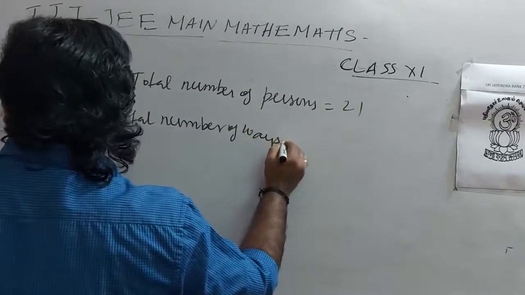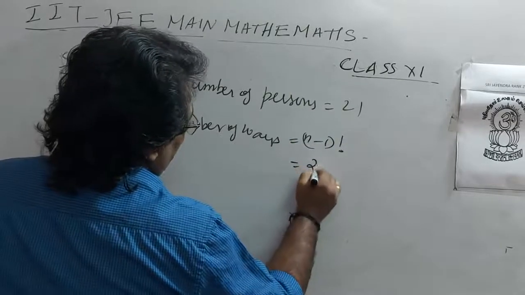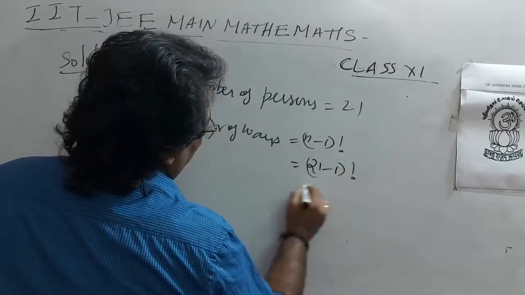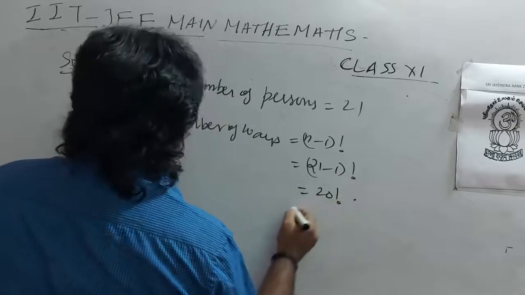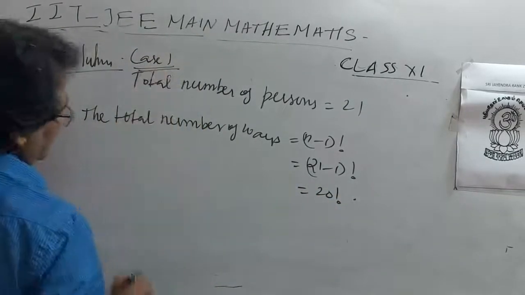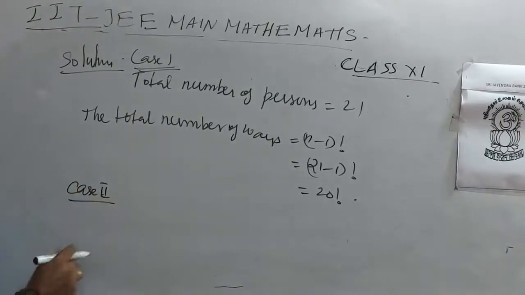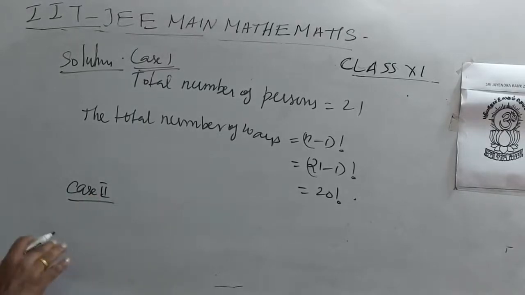The total number of ways is (21 minus 1) factorial, equal to 20 factorial. This is case 1, first part. Case 2, two specific persons are seated on either side of the host.